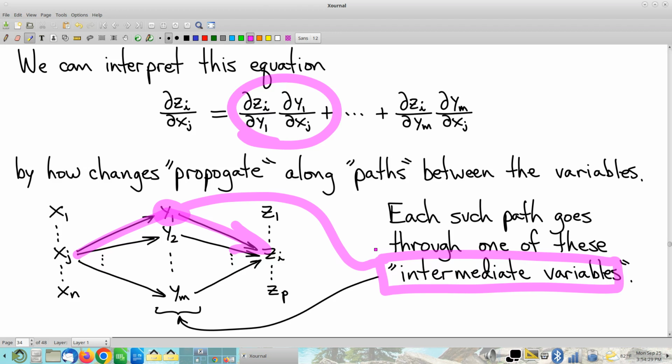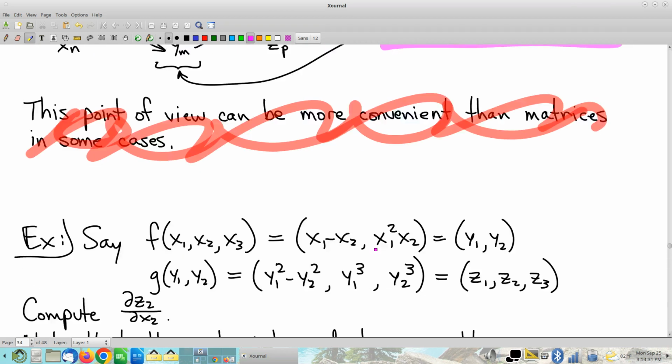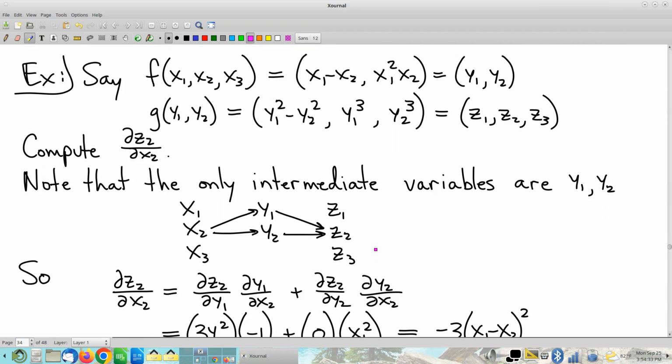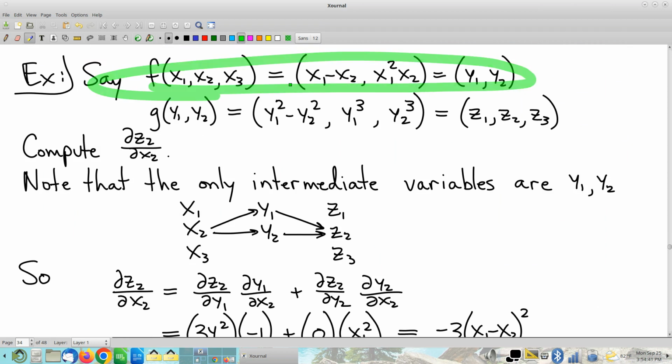Now let me show you how we can put that into practice. So this example here, notice we have a couple of functions given. I've got this function f that takes x's as its inputs, gives you y's as its outputs. I've indicated thusly on the diagram. Okay.